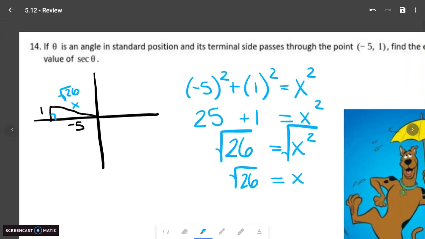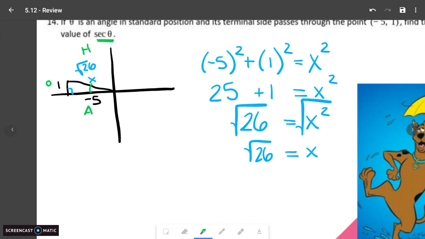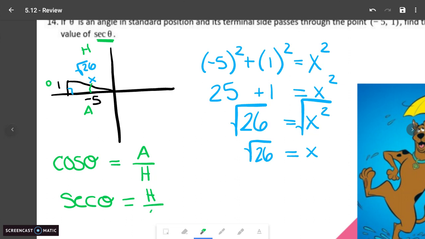Now that we have that, theta is considered to be this angle here. So you have the opposite side, the adjacent, and the hypotenuse. Well, we want secant theta. Secant is the reciprocal of cosine. So since cosine theta is adjacent over hypotenuse, secant theta is hypotenuse over adjacent.